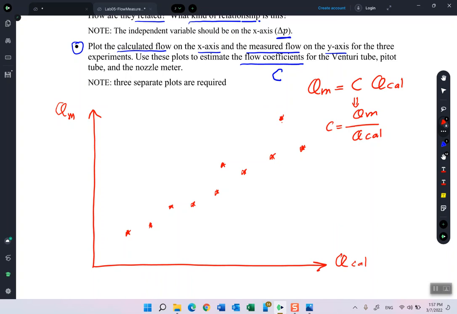But if you have the plot of the QM versus Q calculated, you can do something we call curve fitting. We try to find the best fit, the best line that can pass through most of these points.